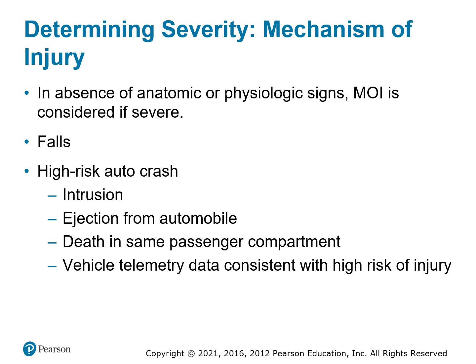High risk auto crash, so things with intrusion, ejection from the vehicle, a death of another patient in the same passenger compartment. We don't really have access to vehicle telemetry data, but if you did, that consistent with a high risk of injury would be something to consider.